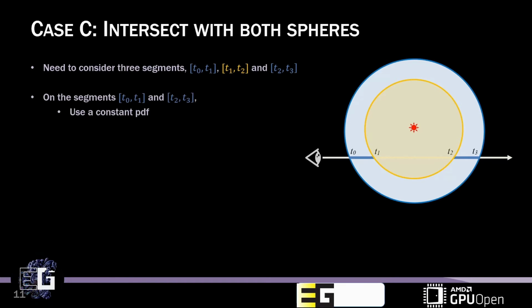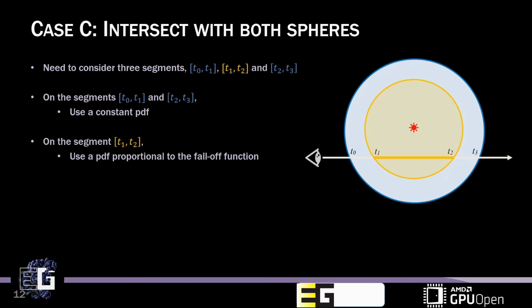On the segments T0-T1 and T2-T3, highlighted with blue in this figure, the PDF is uniform because the fall-off function is cancelled out with the Russian roulette probability. And on the segment T1-T2, highlighted with orange, the PDF is proportional to the fall-off function.